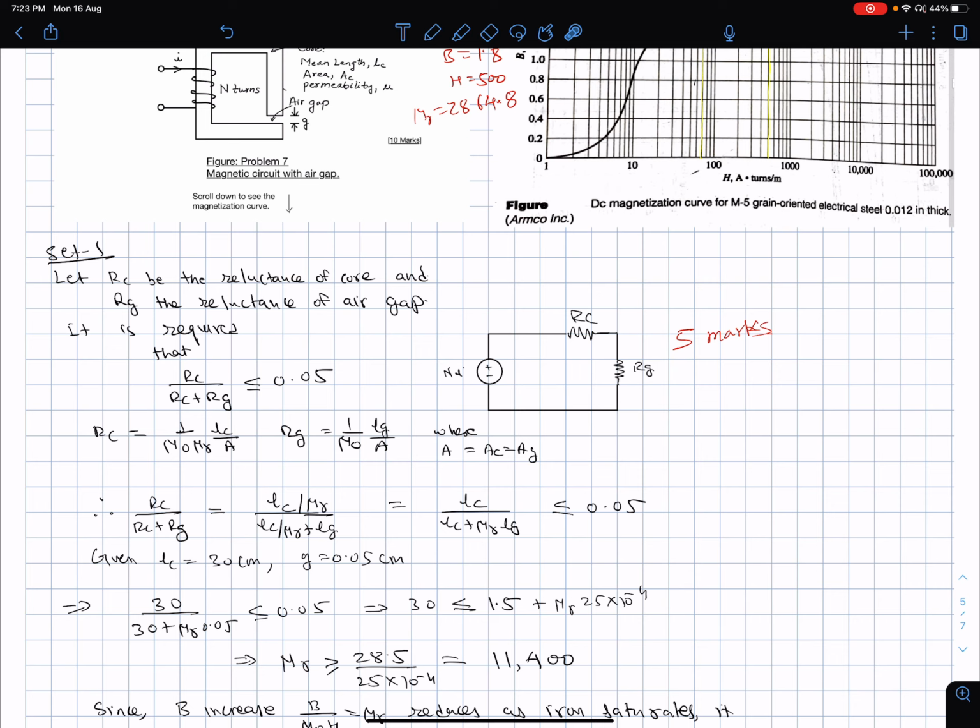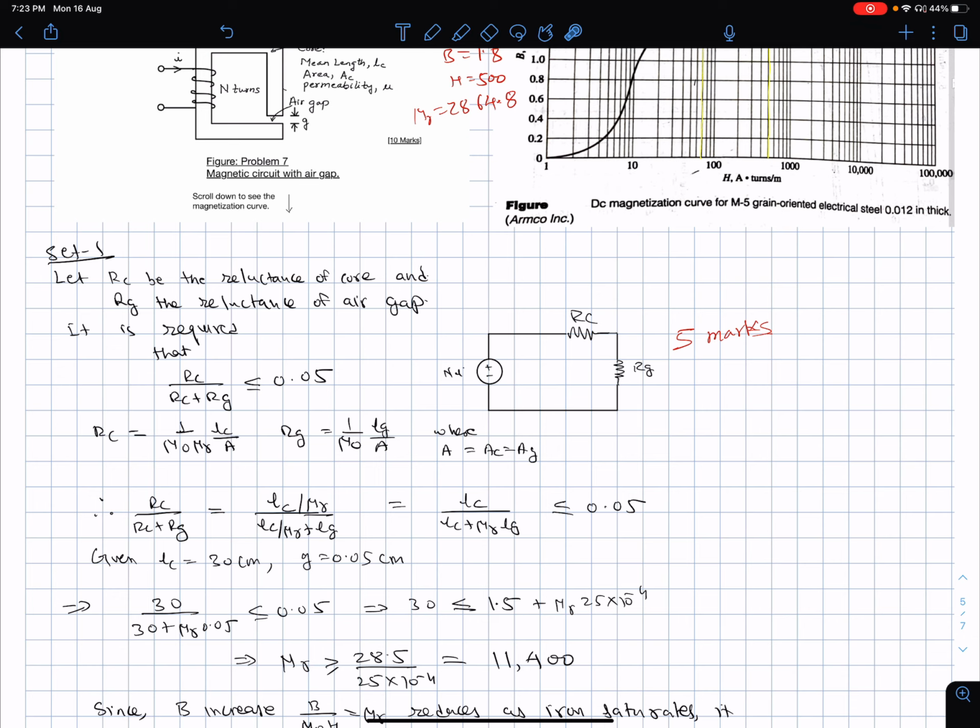For the Rc term only this Lc by mu r will remain, and therefore you will get Lc by mu r divided by Lc by mu r plus Lg by, which is basically 1.